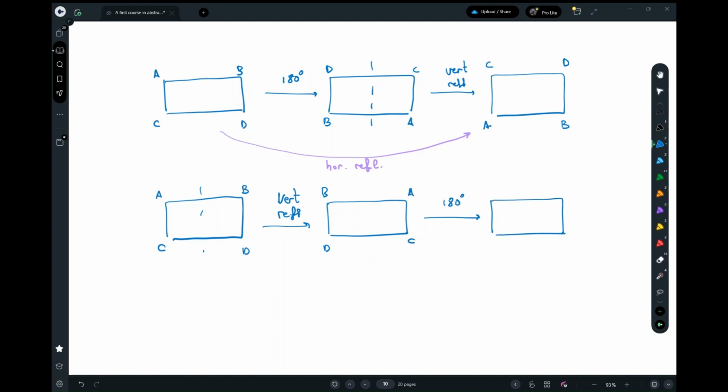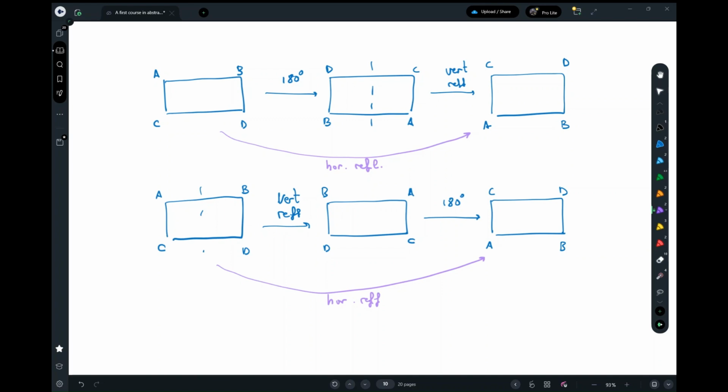So if I apply 180 degrees, I end up with A here and then B will be here, and C and D will be there. And you see that when I do this composition, I get again the horizontal reflection. So the composition of these two operations is commutative, and these four that I have described are in fact all the operations one can do in a rectangle, and it is a commutative operation.